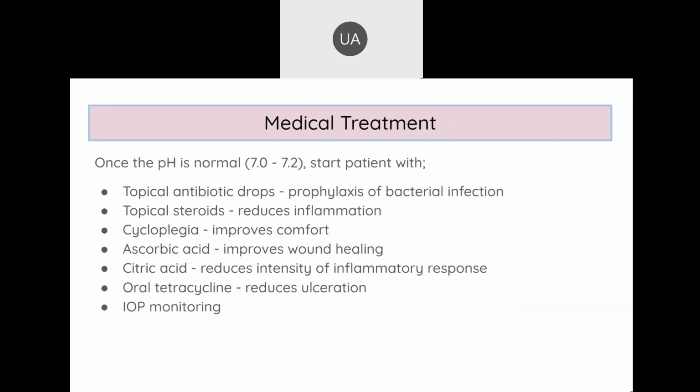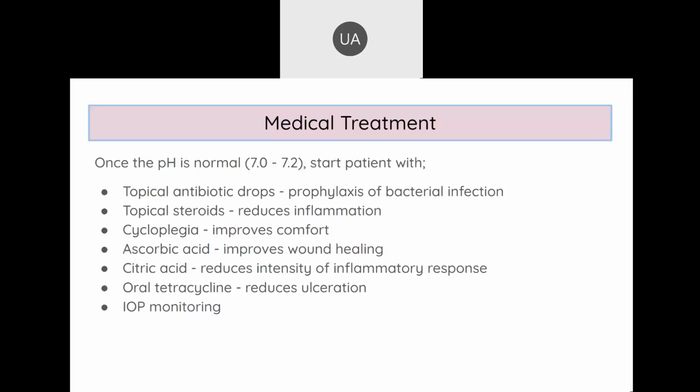Once the chemical has been completely removed, we may start the patient on medical treatment, which includes, first, topical antibiotic drops, used for prophylaxis of bacterial infection. Second is topical steroid, which reduces inflammation and neutrophil infiltration and can also address anterior uveitis. Third is topical cycloplegia, which can manage the ciliary spasm, reduce the pain from the burn and provide comfort to the patient.